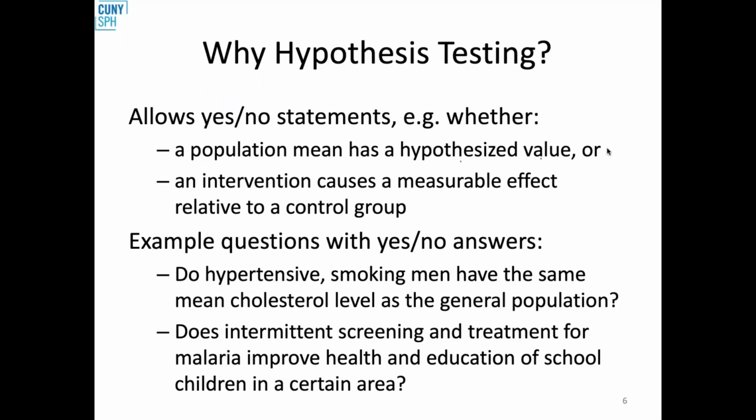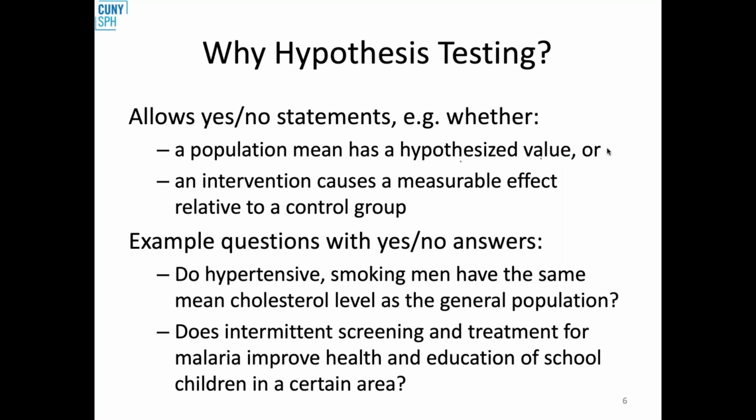we're going to start looking at something called hypothesis testing. In hypothesis testing, we are going to evaluate statements about how we can use statistics to allow us to say certain things about certain populations.